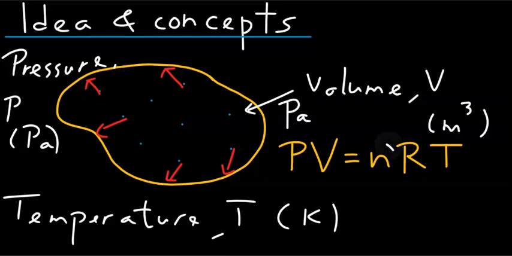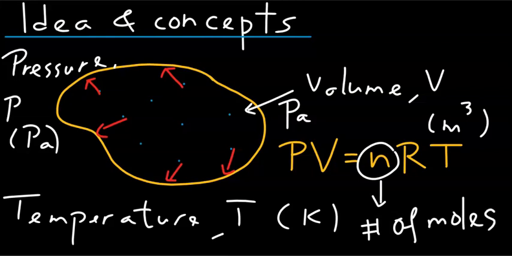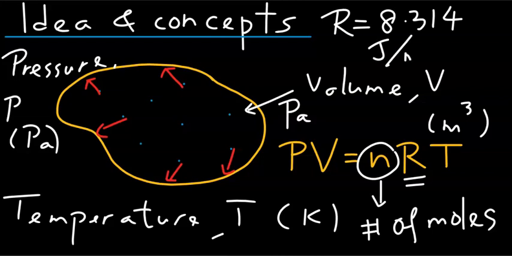In addition to that, n is the number of moles of this gas sample, and this R is called the universal gas constant with a value of 8.314 in the units of joules per mole per Kelvin. So this value of R is the same for all gases, at least at sufficiently high temperatures and low pressures.